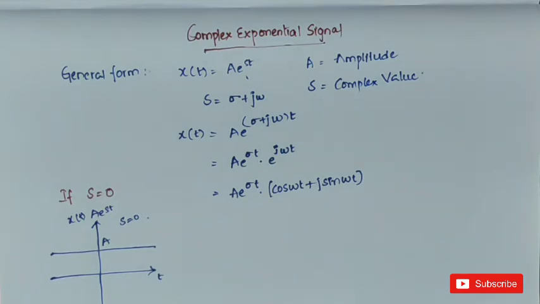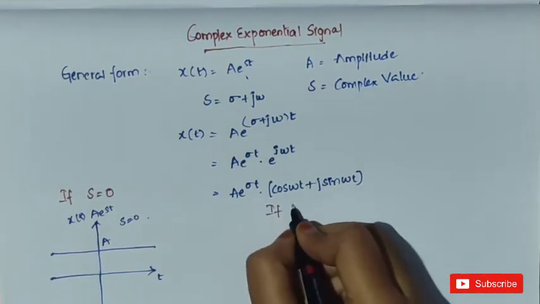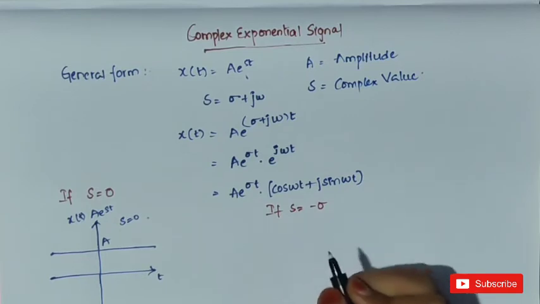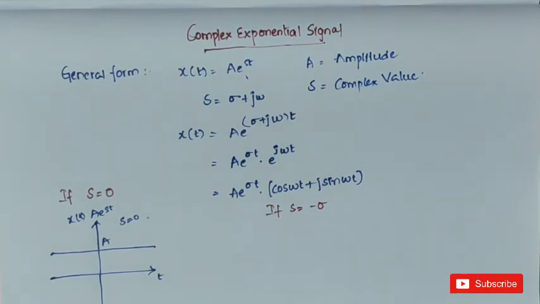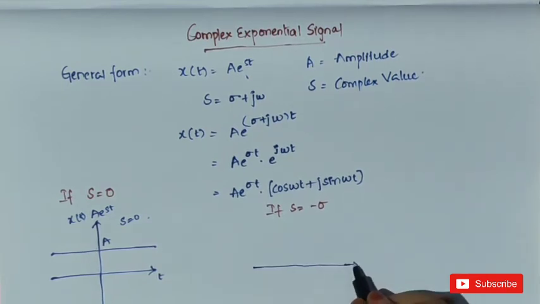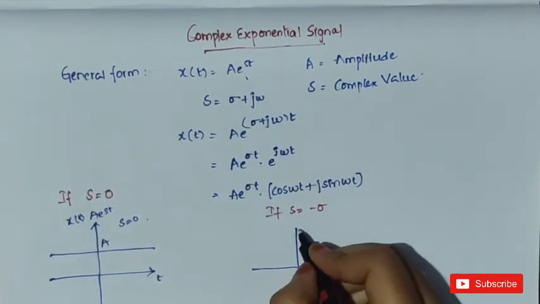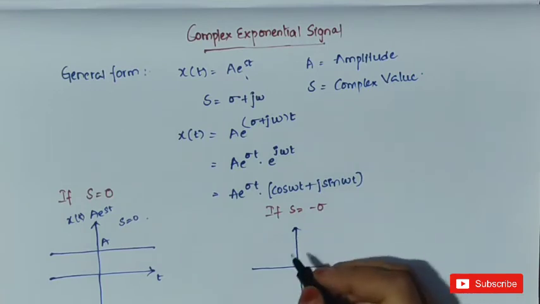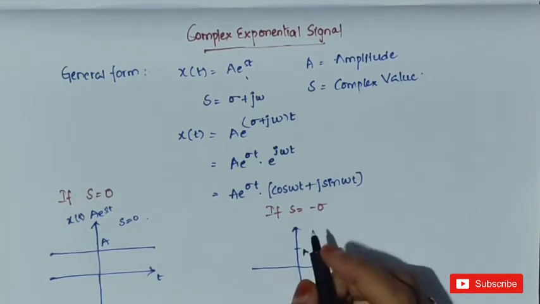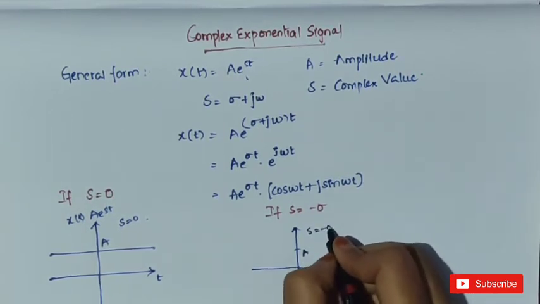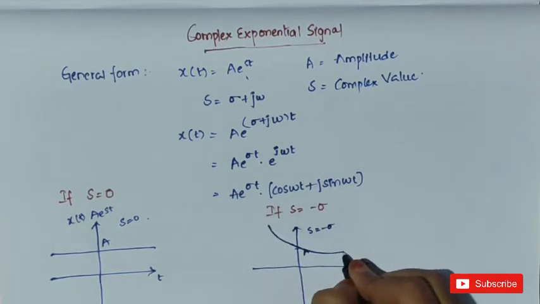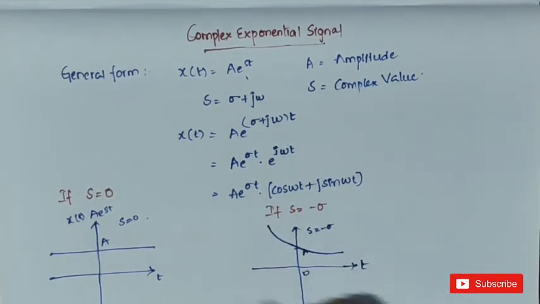For example, if s is equal to minus sigma, then the signal will be exponentially decaying as shown below.